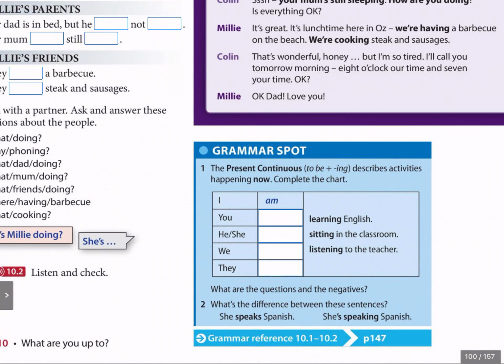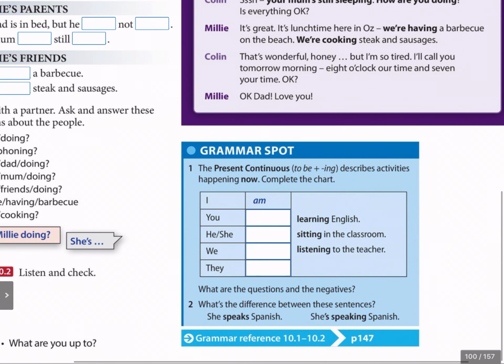Then when we have this sequence, we need to double the final consonant. So sit, we just has 1 T in the infinitive, doubles the final T when we add ing. So sitting is spelled with double T. Listening, nothing to say about this. We just add ing.